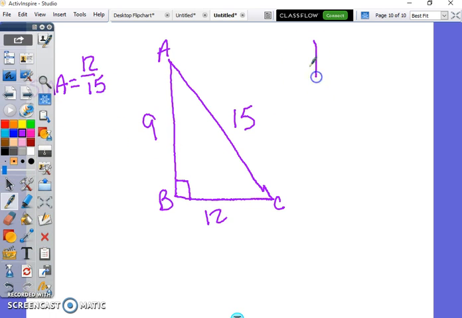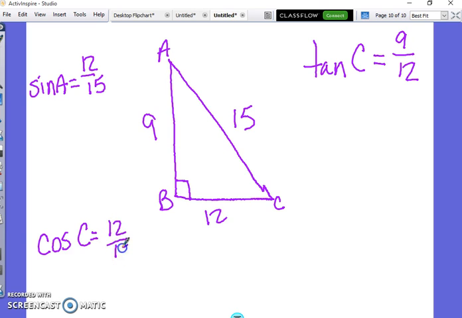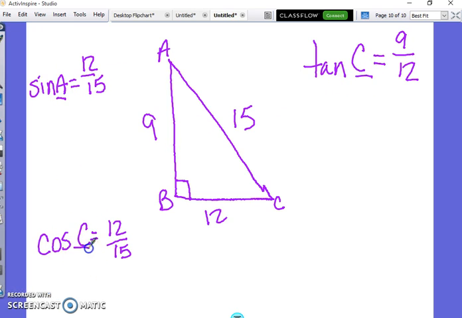Let's do the tangent of C. Let's do the cosine of C. We're going to find angle A, and then two different ways we'll find angle C.